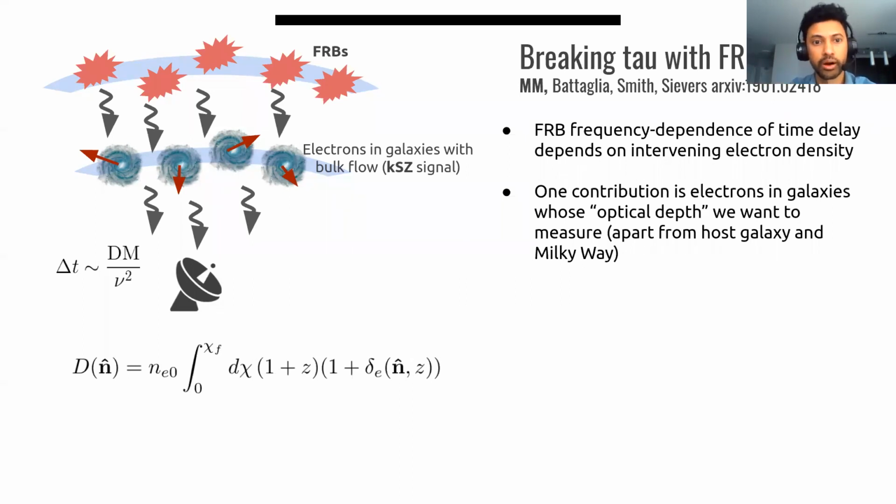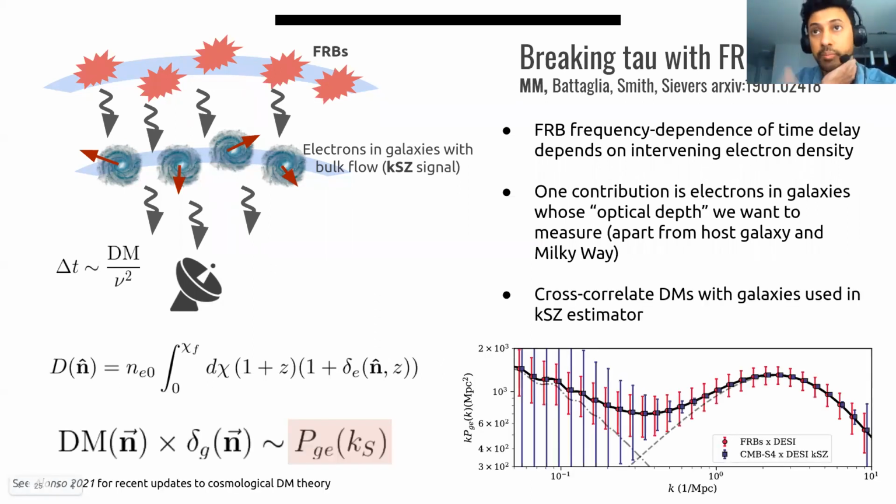So what you want to do then is take a bunch of FRBs that are behind those galaxies, make a map of the dispersion measures behind those galaxies, and cross-correlate that map with the same sample of galaxies whose P_ge, the cross-correlation of galaxies and electrons, is the uncertain quantity that's limiting your ability to constrain kSZ.